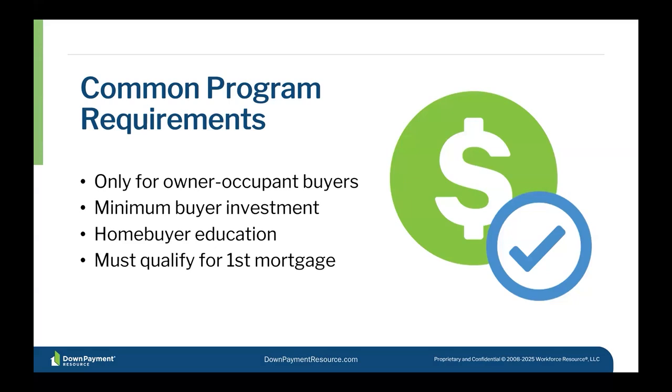Those courses prepare them for the home buying journey and also for successful long-term homeownership. We're going to talk a little bit more on homebuyer education classes later as well. And of course, keep in mind, these aren't cash buyers. We're talking about buyers financing their home with a mortgage, so they have to qualify for a mortgage as well.